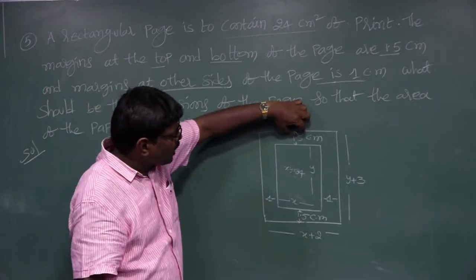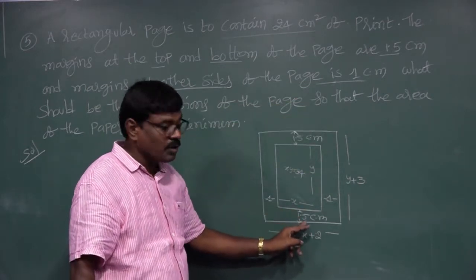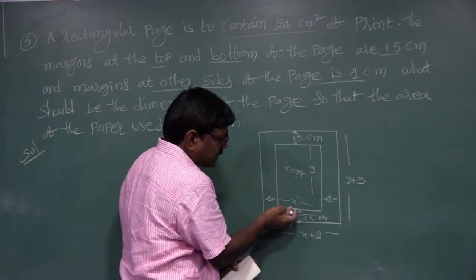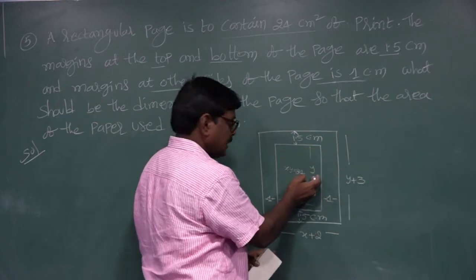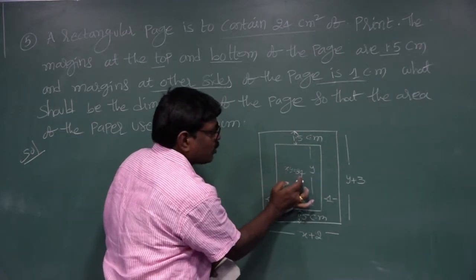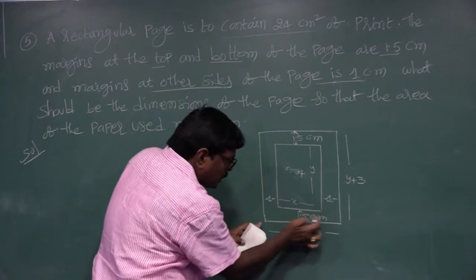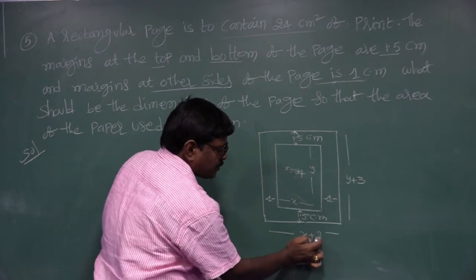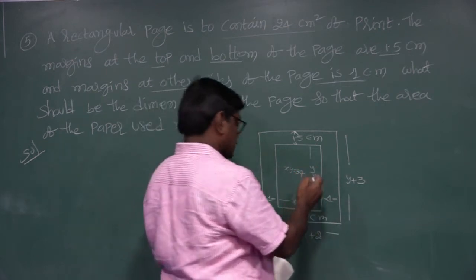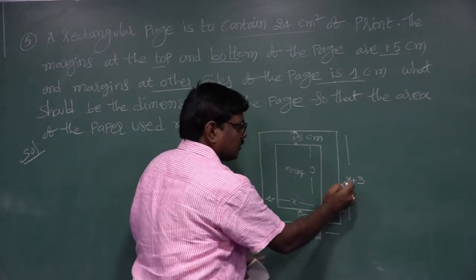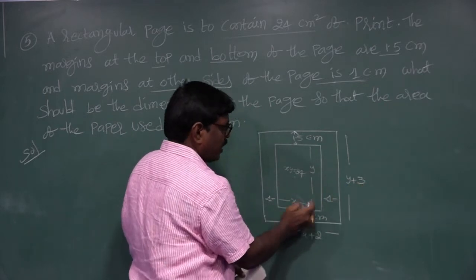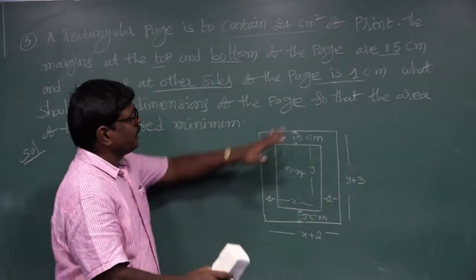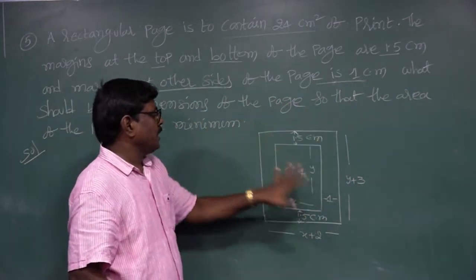The top is 1.5 and bottom is 1.5, the other side margin is 1. The length is x, the breadth is y, and the area xy equals 24.